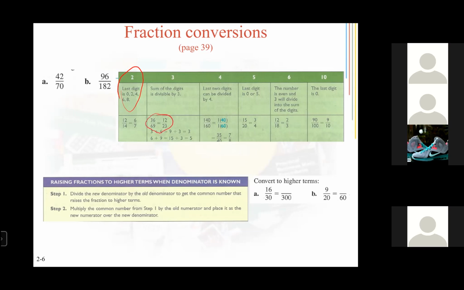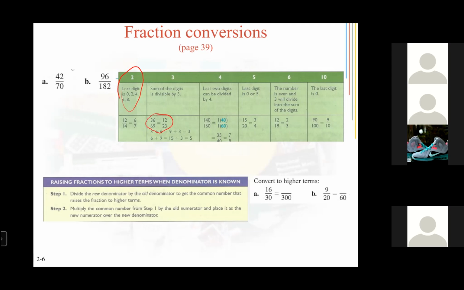So if you look at the example they give you here, 36 over 69, the digits in the first number are 6 and 3, and 6 and 3 is 9. You know that 9 is divisible by 3. So right away, it means 36 is also divisible by 3. And for 69, 6 and 9 is 15. 15 is divisible by 3.